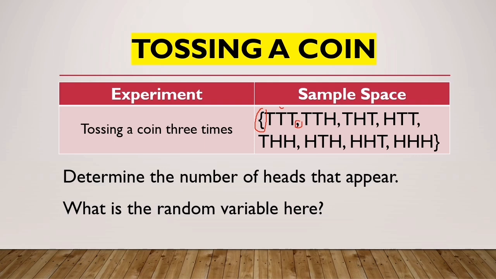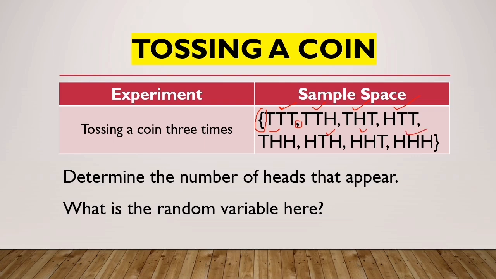How many possible outcomes do we have here when tossing a coin 3 times? We have 8 possible outcomes. 1, 2, 3, 4, 5, 6, 7, 8.